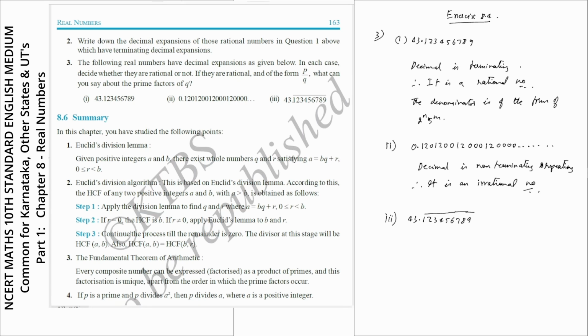Since this is recurring, the decimal is non-terminating recurring, therefore it is a rational number, and the denominator is not in the form of 2 power of n, 5 power of m.